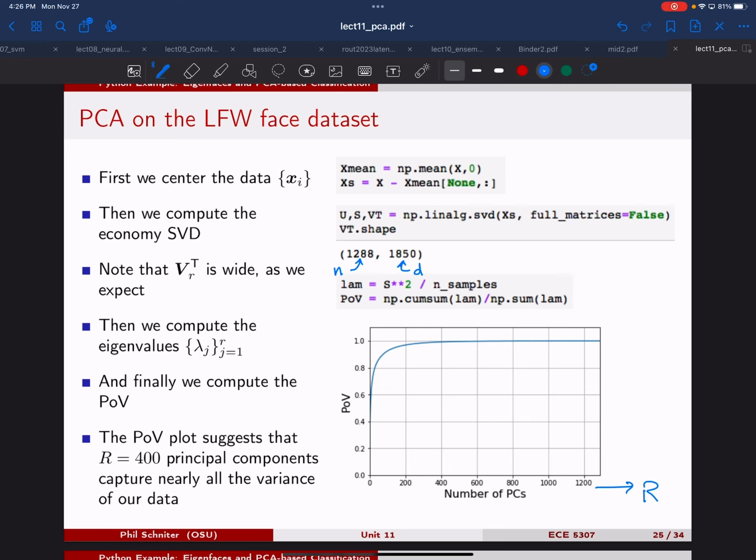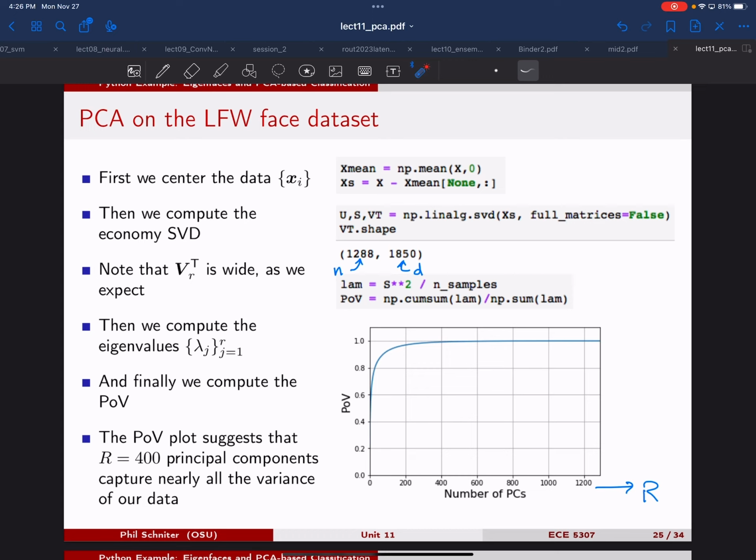Because there are only 1,288 samples in our data set, that's going to place an upper bound on the rank of our factorization. So 1288 is the largest R. At that point, the POV is exactly 1. But in fact, even at R equals 400, the POV is almost exactly 1. So it's doing quite a good job here.